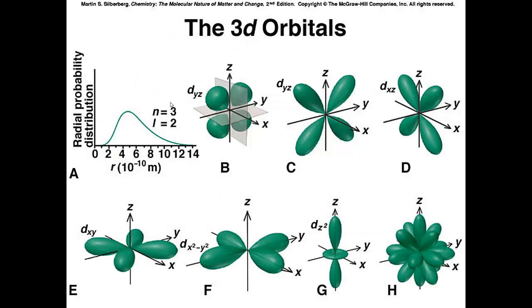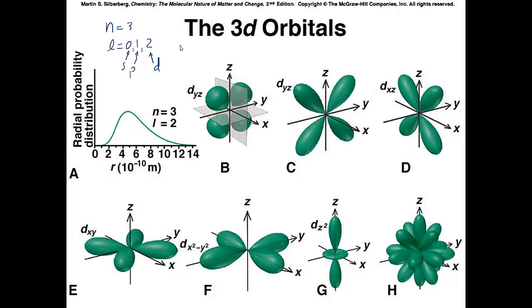Now here are the d orbitals. The d orbitals happen when we've got n equal 3, and the possible values of L can be 0, 1, or 2. We've already talked about L equals 0 being the s-type orbitals, and L equals 1 are the p-type orbitals, and L equals 2 are going to be the d-type orbitals.